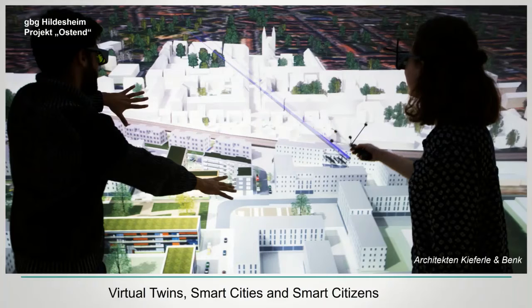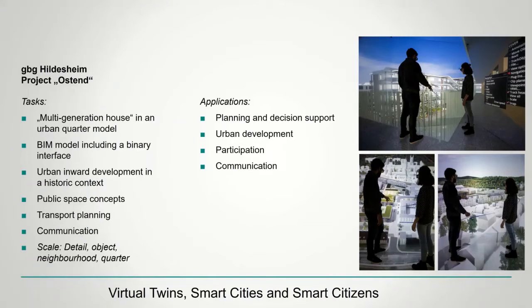And to allow this, we create virtual twins of these cities that you can walk through and experience. And one key point is that it's not only one model, one data set, one simulation that you want to look at, but it's always different simulations that you want to combine.